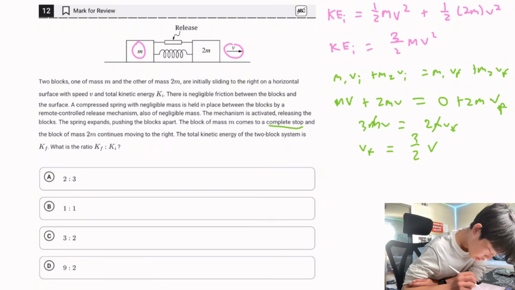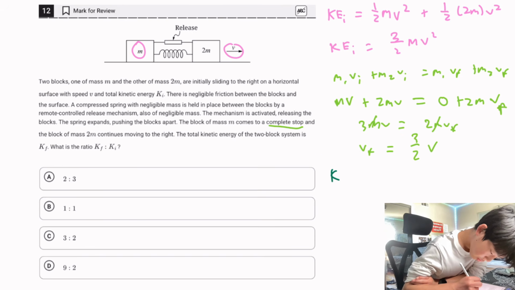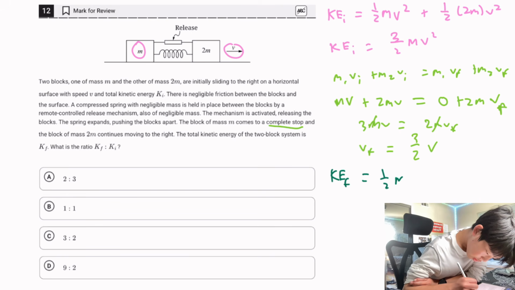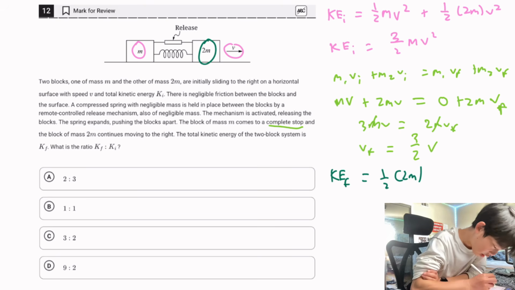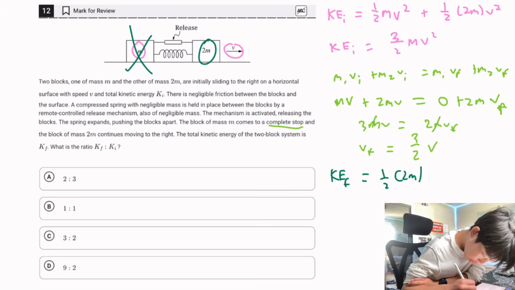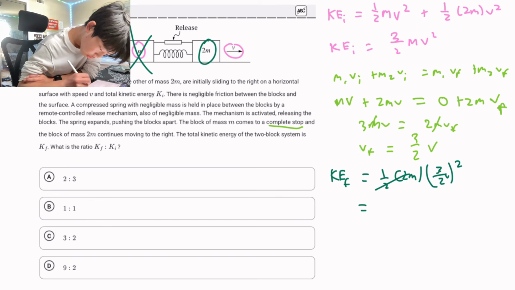So now we can use that to find the kinetic energy. Let me use a different color. 1/2 m. It's actually 2m because it's the fat guy. The other guy is at rest. So 2m, 3/2 v squared. These are going to cancel out, and it's going to be 9/4 mv squared.